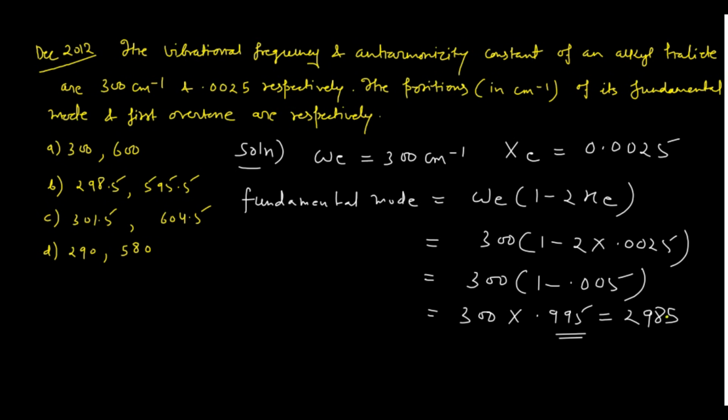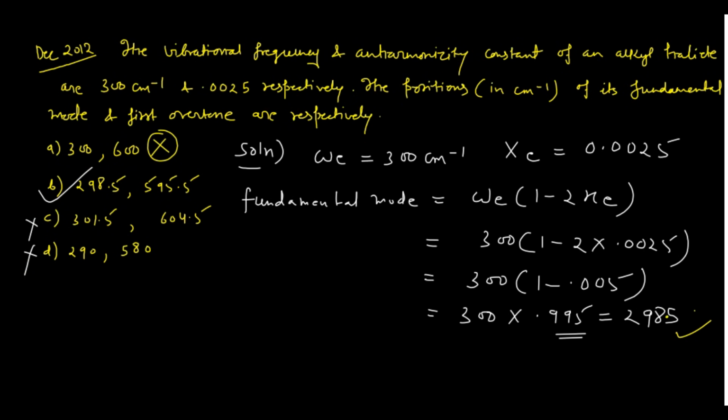So your fundamental mode of vibration is 298.5. Check where it is given. So this cannot be your answer, but this 298.5 could be your answer. There is no need to solve further. So option B looks like the correct option.